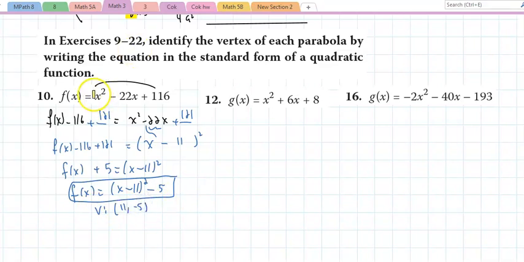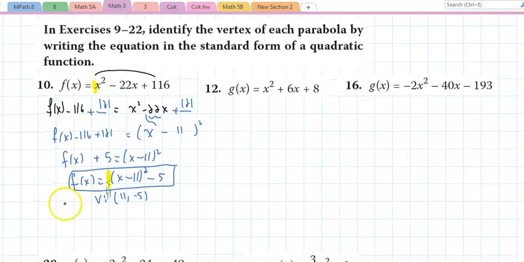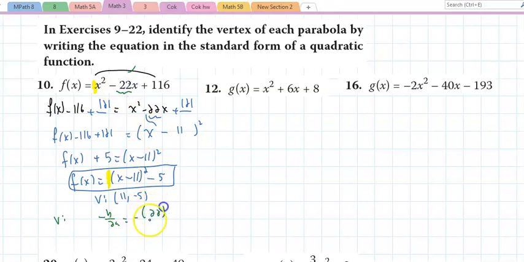And notice the number in front of the square remained the same. Or I could say, you know what, let me find the vertex by figuring out what is negative b over 2a from the original. That is minus b is 22 over 2 times, and a is a 1, and that would be negative 11, and there it is. I'm sorry, minus a negative 11, that's positive 11.